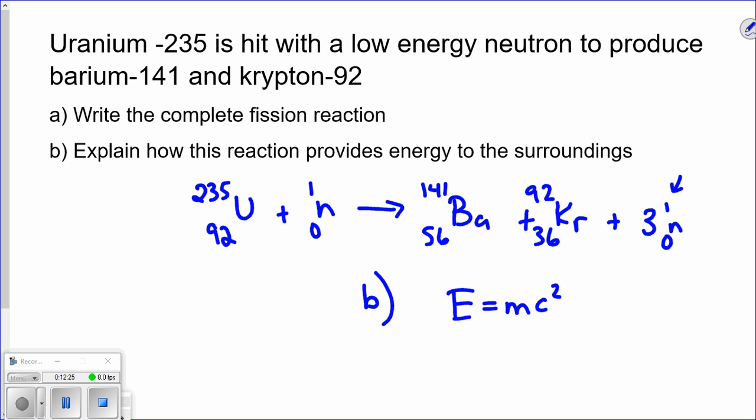E equals mc squared is a formula where we can insert a mass amount and output an amount of energy associated with that. That would be what we would talk about in 8.6 had we been doing that. The important thing for here is being able to, for the most part, identify that this is fission. Okay.